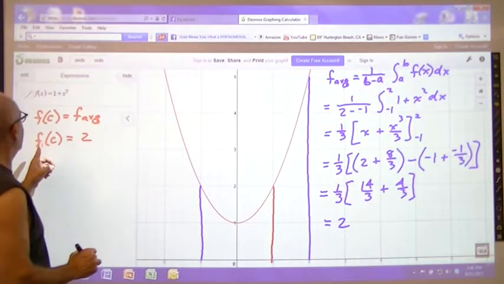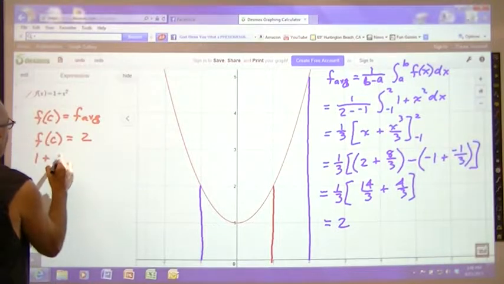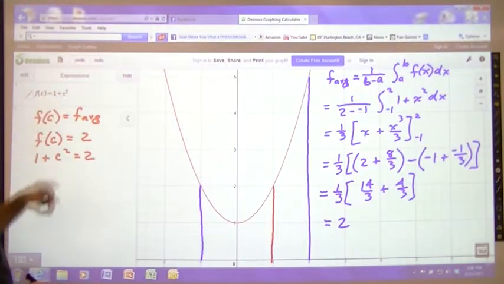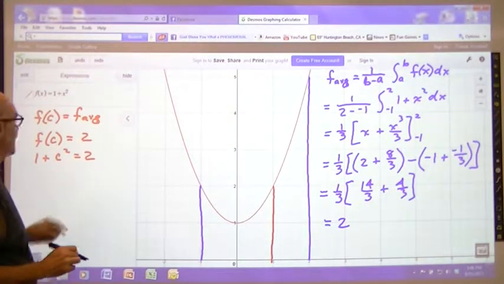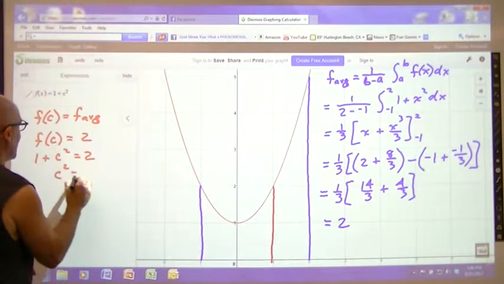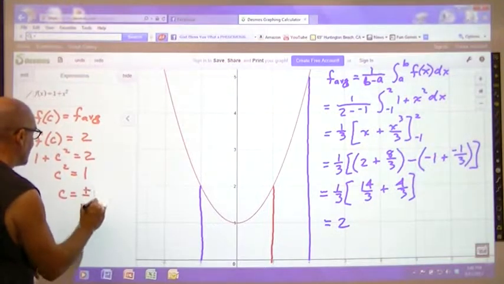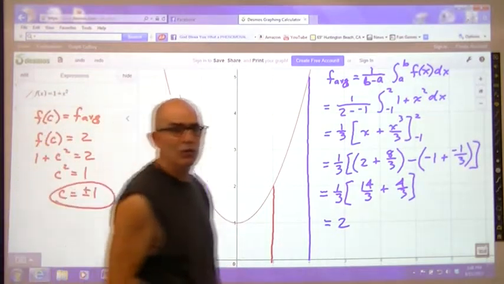Now, what that says is then, f of c is 1 plus c squared, because that's my function, 1 plus x squared. All right, so now I just need to solve for c. So subtract 1 from both sides, and c squared equals 1. And so c equals plus or minus 1, which is exactly what I just found out, geometrically.